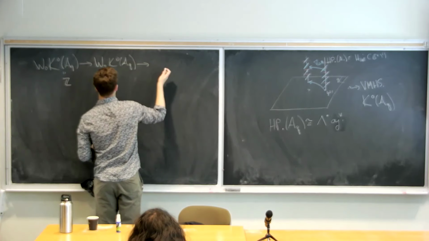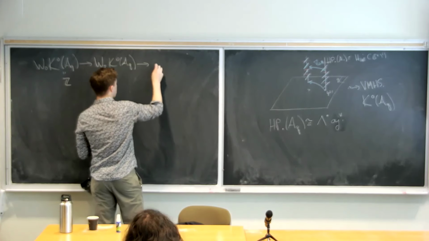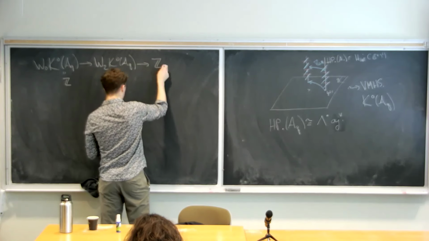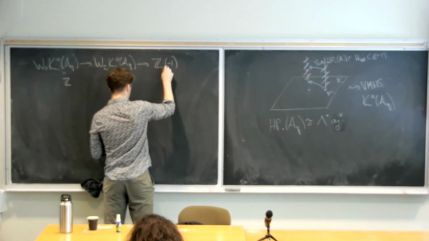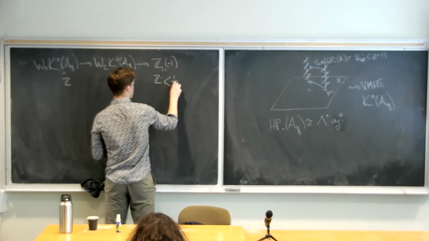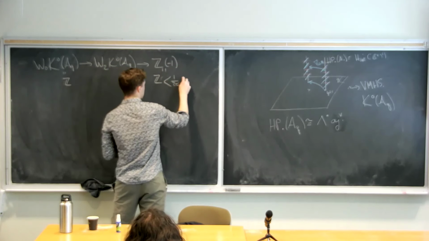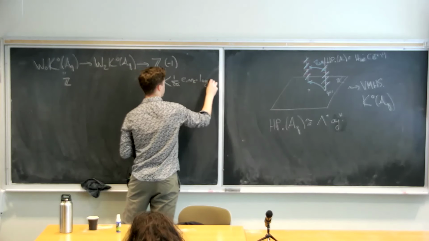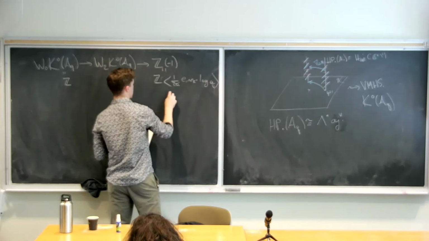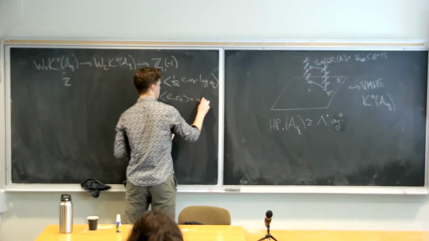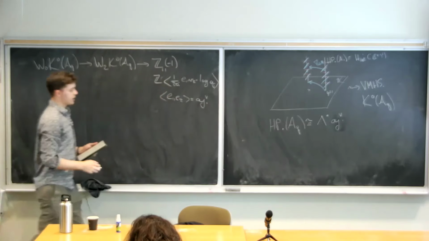And then when I take the associated graded, I'm going to now get Z(-1) again, and this is going to be spanned by 1 over 2πi, e1 wedge e2 minus log of Q, where e1, e2 are generators for the dual of the Lie algebra.